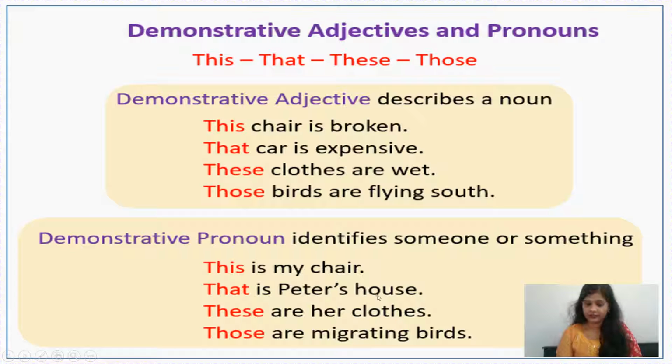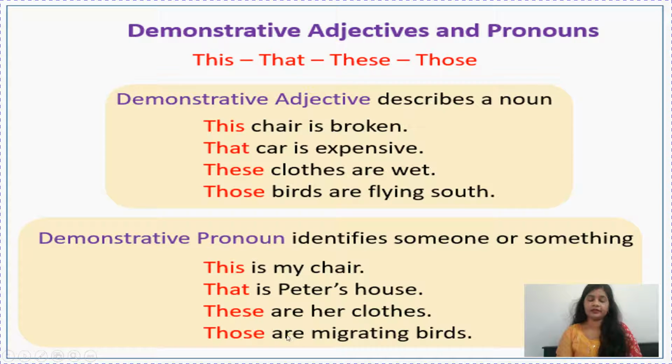Now, that is Peter's house. Again, that is followed by is, and is is a helping verb, an auxiliary verb, so that is again a demonstrative pronoun. Now, these are her clothes. Again, these, children, is followed by are, that is a verb, so again these will become a demonstrative pronoun. And those are migrating birds.